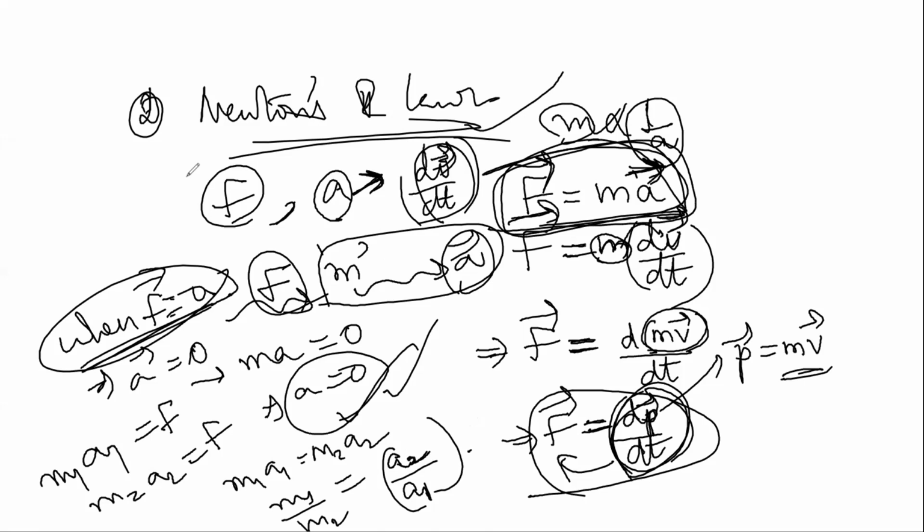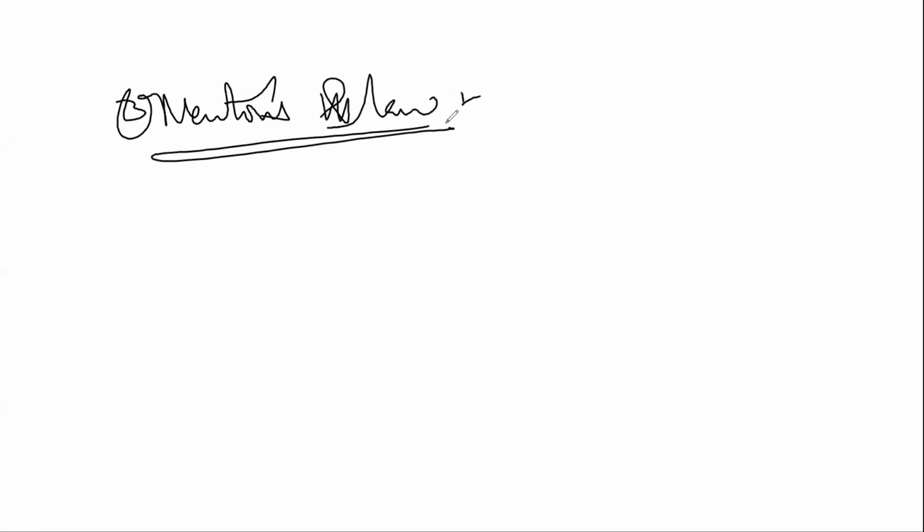Next, let us take the third law, Newton's third law. So what does this law say? The force acting on a body arises only because of its interaction with another body surrounding it.